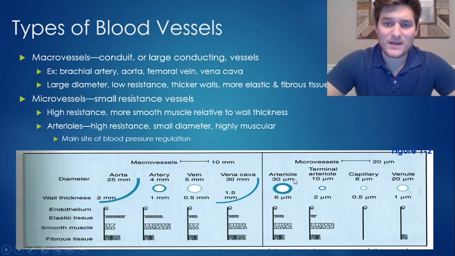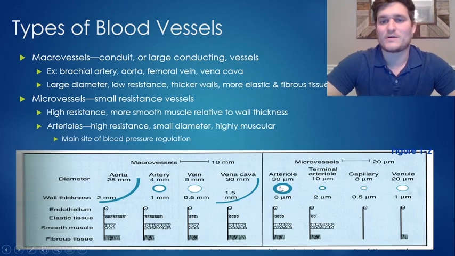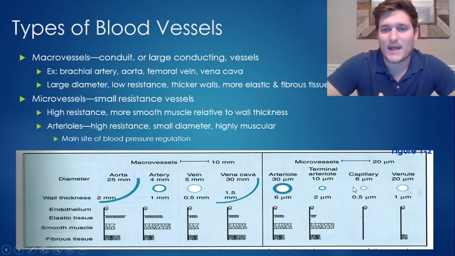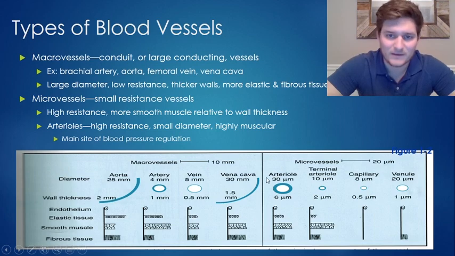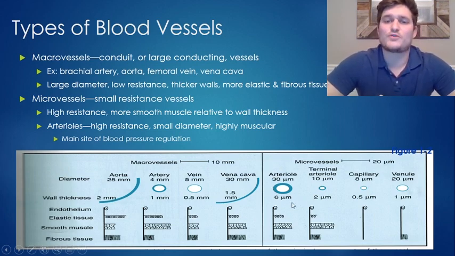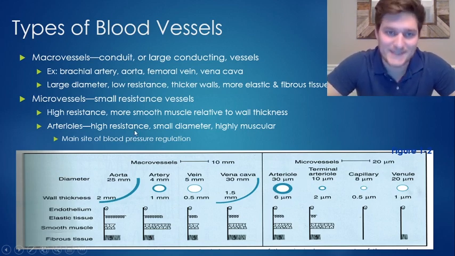So the thing about these vessels is that they have a smaller radius and an increased resistance within those vessels. In particular, the arterioles are going to contribute the most to total peripheral resistance.